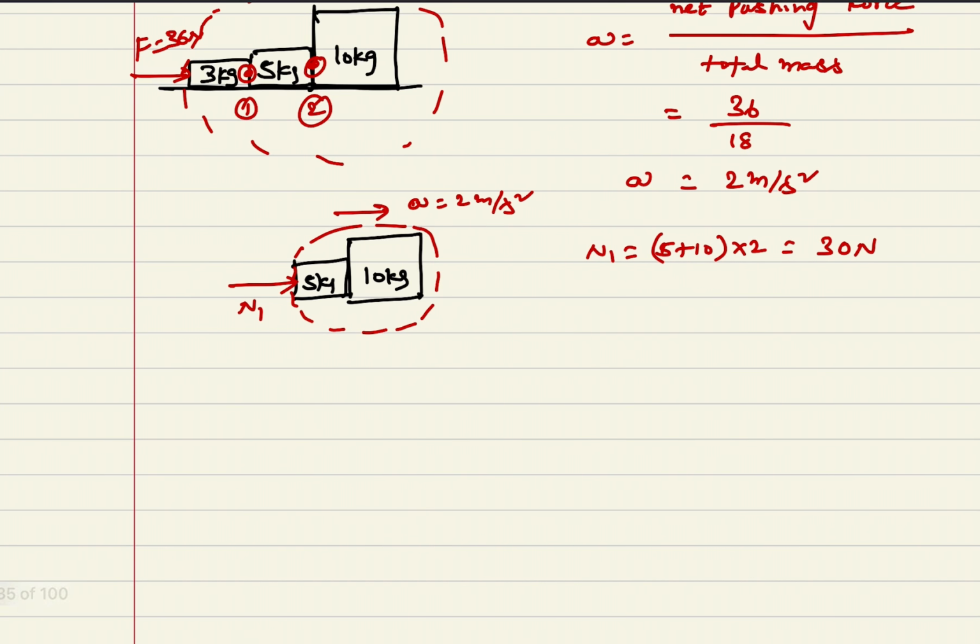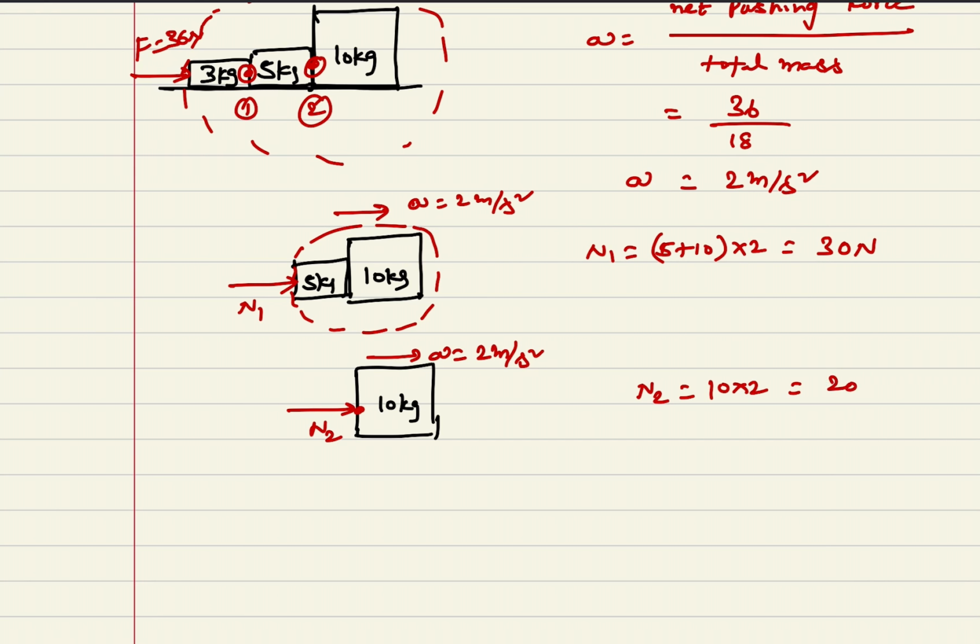Similarly, between the 5 kg and 10 kg, whatever force is there is only pushing the 10 kg body. So you can observe that only N2 is pushing the 10 kg body. A is equal to 2 meter per second square. Now I get the value of N2 is equal to 10 into 2, which is 20 newtons.